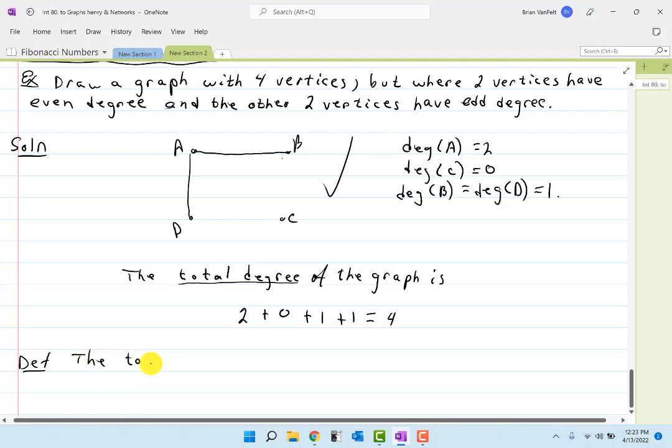The total degree is the sum of all the degrees of all vertices in the graph.